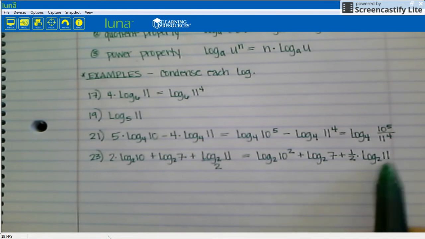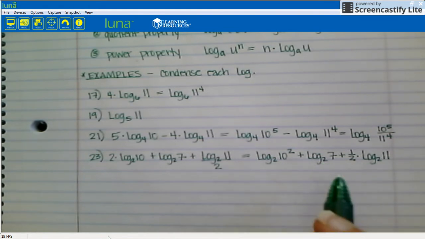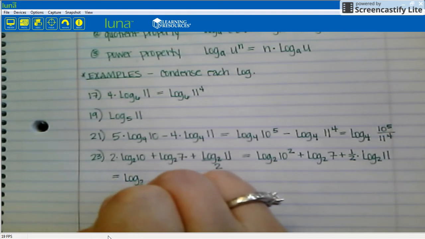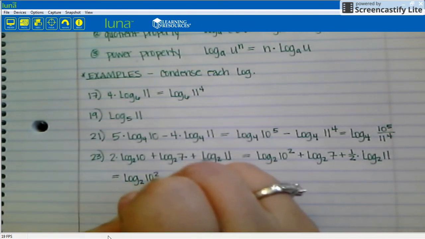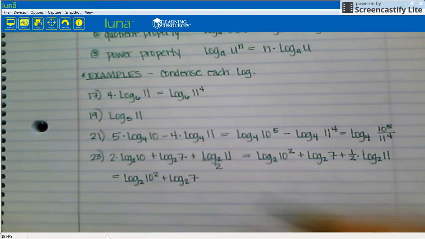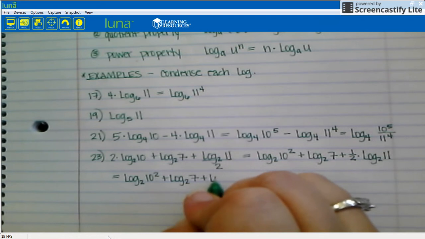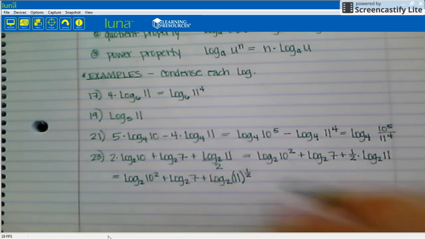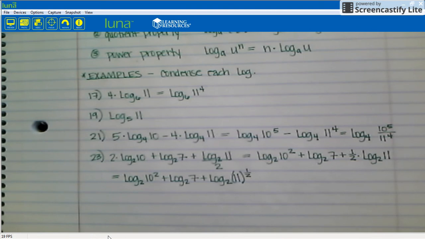So I'm going to further simplify this down and condense it so that I have log base 2 of 10 squared plus log base 2 of 7 plus log base 2 of 11 raised to the 1/2 power. Well, that 1/2 power actually means the square root.